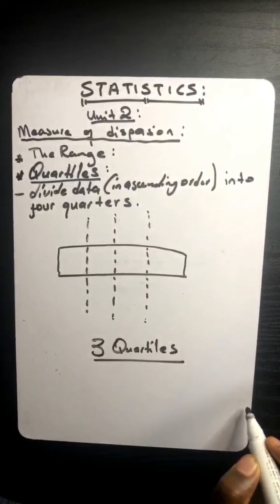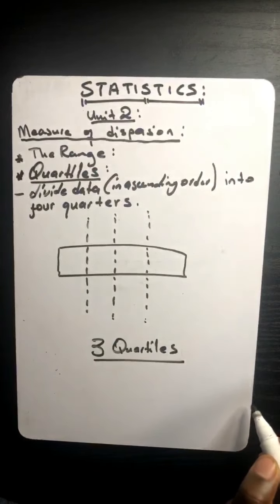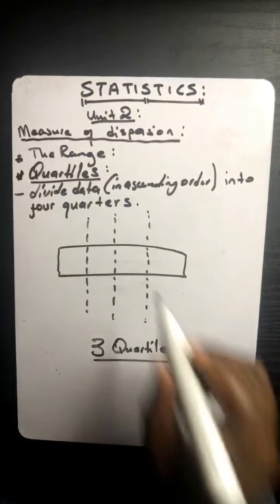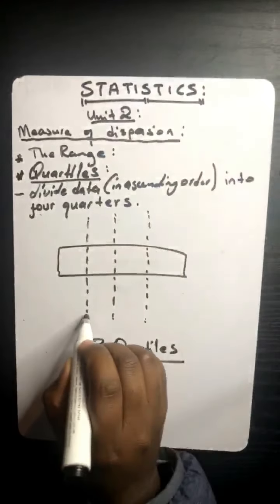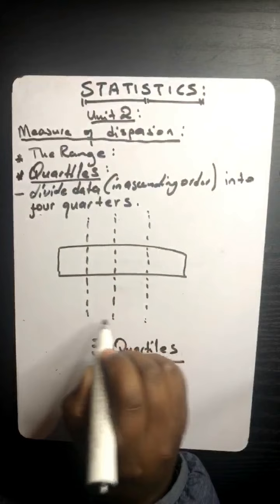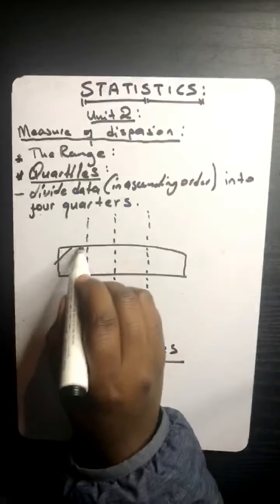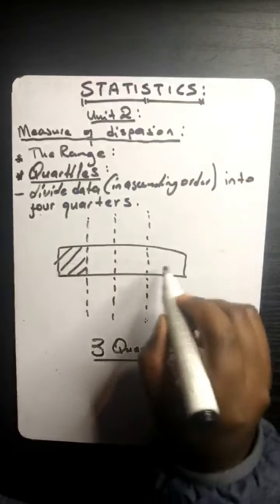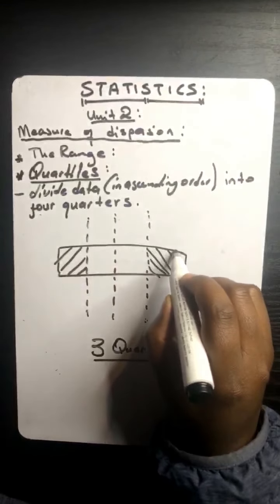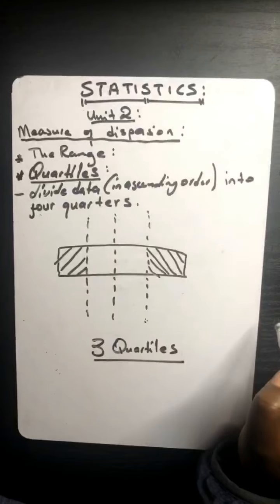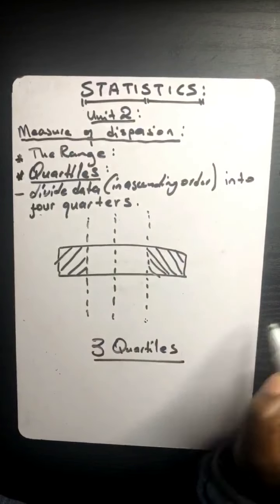What is the purpose of these quartiles? The quartiles are to divide data, or whatever is arranged in ascending order, into 4 quarters. So these lines are called quartiles, and this is a quarter. In Sepedi, we call it a quarter.